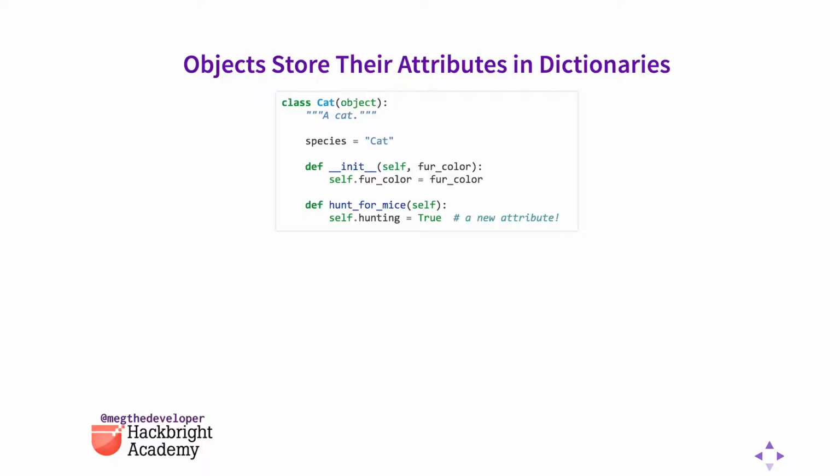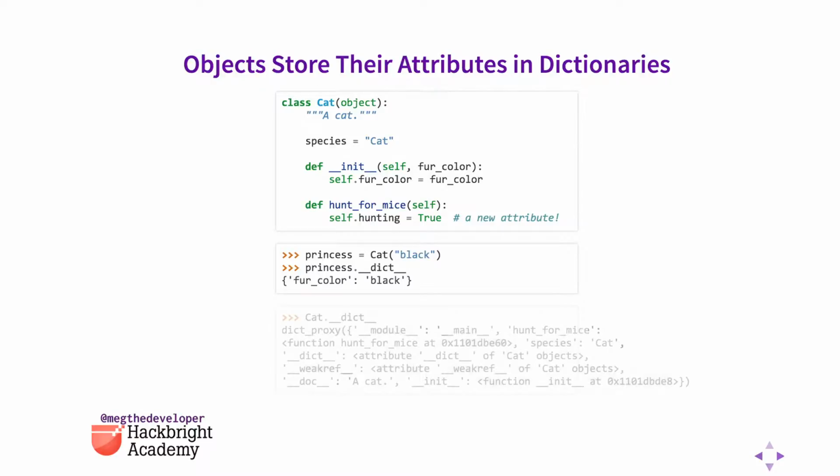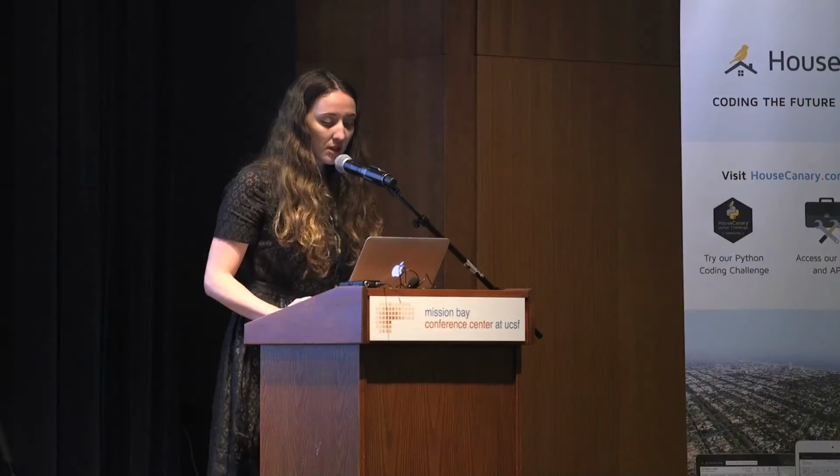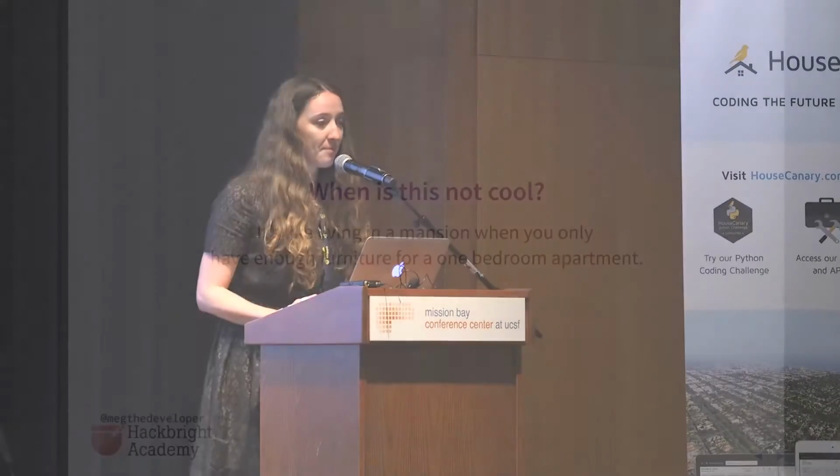The species is our class attribute, and we have one instance attribute called fur color. I'll talk about hunt for mice in a second. But again, if I make an instance, I can access the instance attributes with __dict__. And I can see my class attributes in this funky little dict proxy. Species, here it is, cat. So, a little look into the internals of Python there.